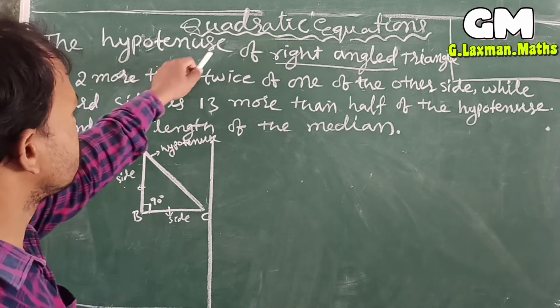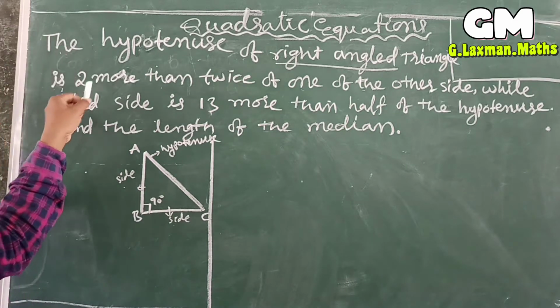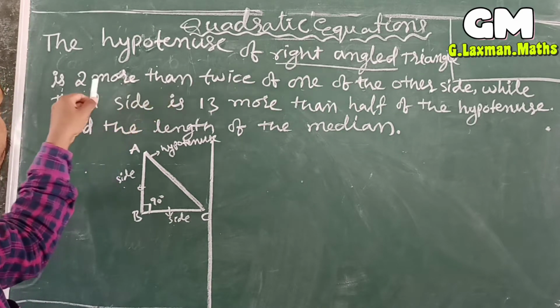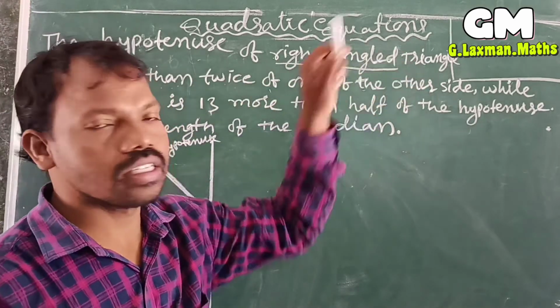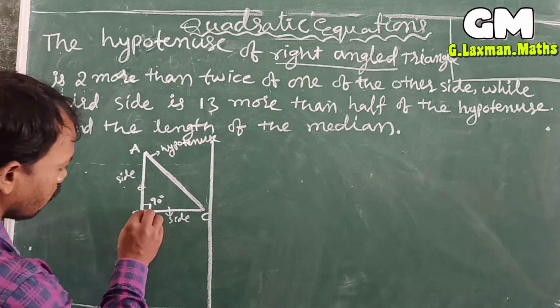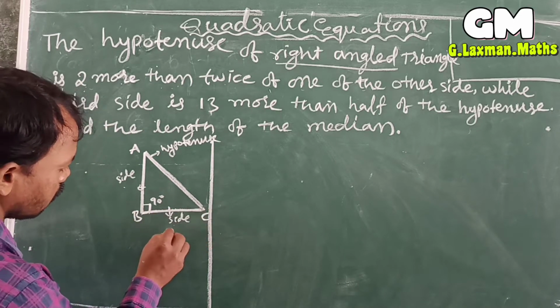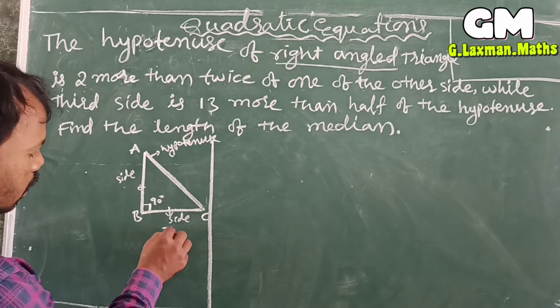The hypotenuse of a right angled triangle is 2 more than twice one of the other sides. So that means let us take one of the sides as x. We don't know how much it is, just let us say x.